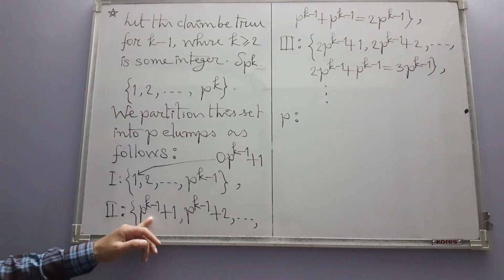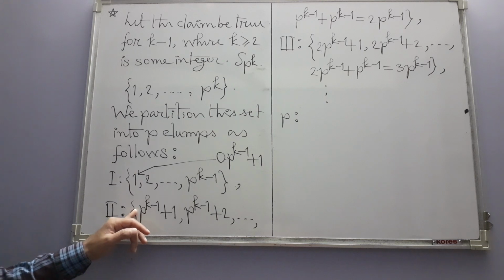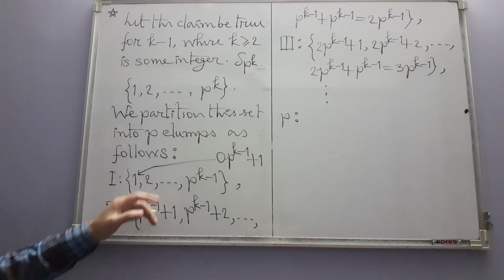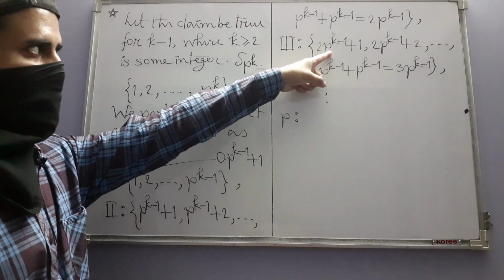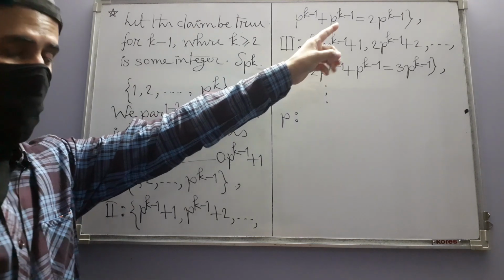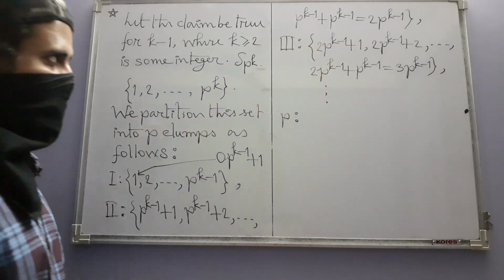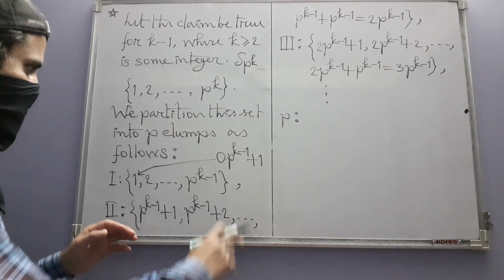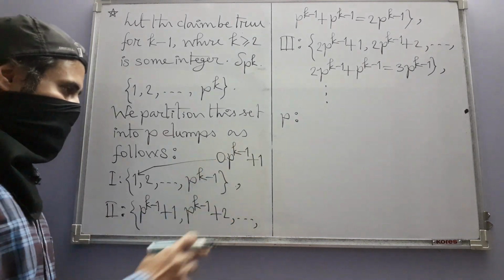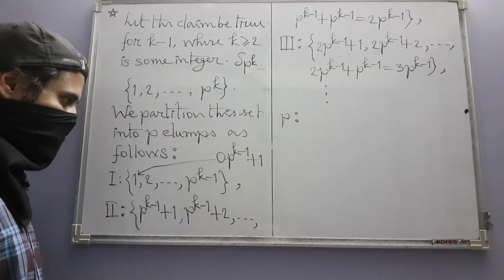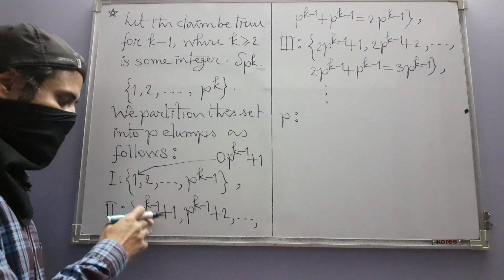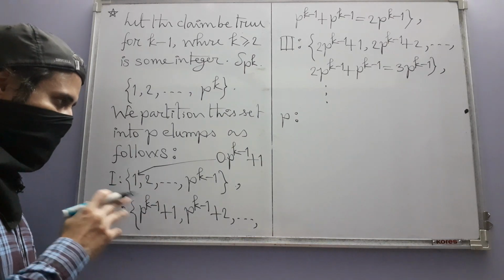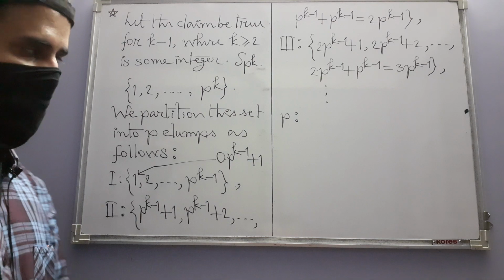The second element looks like this, where you understand that there is a 1 here. The third element starts like this. The third clump starts like this. So, the coefficient of p to the power k minus 1 in the element where the clump starts is 1 less than the clump number.